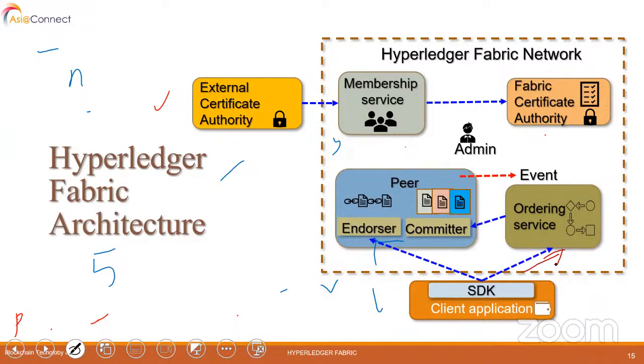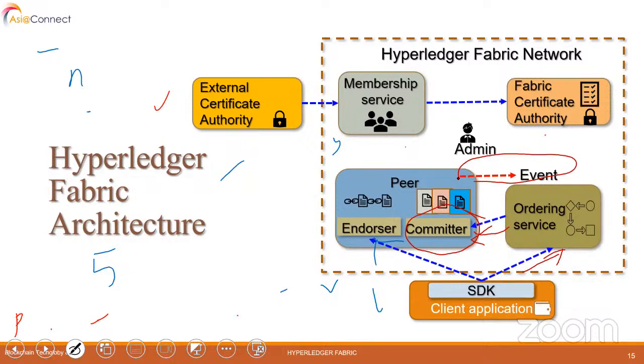Now, the ordering services in their turn will be sending the transaction to committing peers who will be verifying and validating the transactions, and then they will be committing those transactions on the blockchain. And then the event will be generated that will update the state of the network.